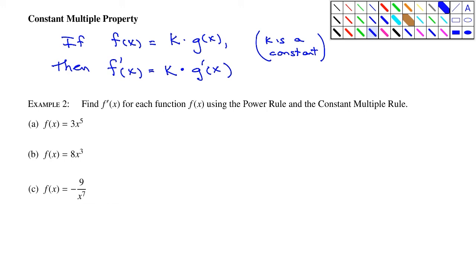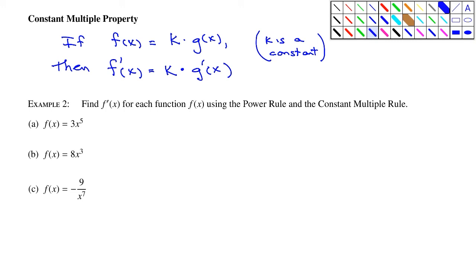So in other words, if you have a number that is multiplied by a function and you want to take that derivative, you keep that number as a constant multiplier in front, and then you multiply by the derivative of the other part of the function.